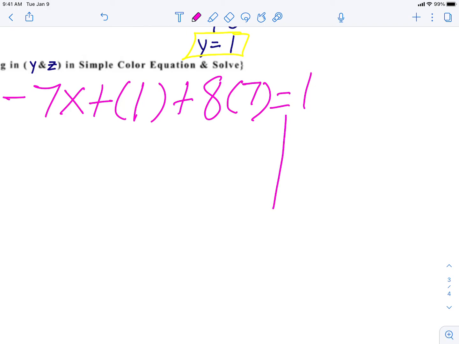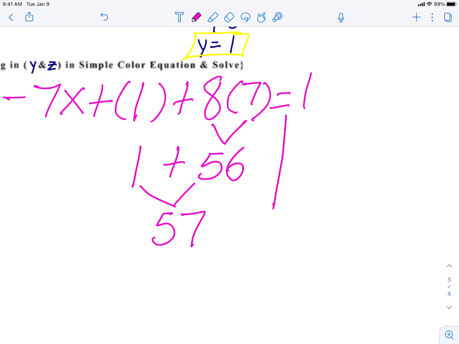So I get, well, 1 is just 1, right? 1's going to come down. 8 times 7 is 56. And 1 just comes down right here. And 1 and 56 is 57. Well, I immediately got to bring 57 over as minus 57.